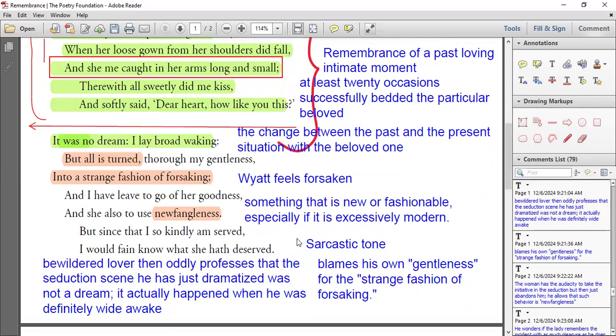He comes to the present and he says, it was no dream. I'm not just exaggerating. I'm not telling a lie. It was not my mental conception. It was a reality.